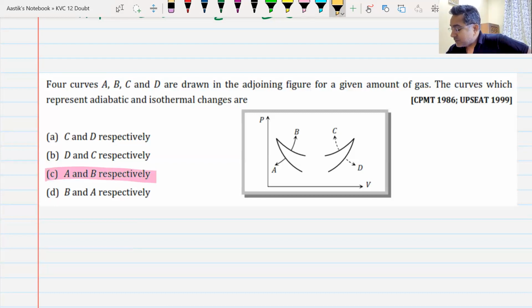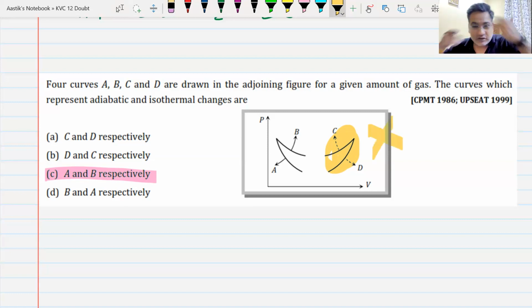Remember, these curves are not possible here when pressure is increasing, volume is increasing. They cannot be isothermal or adiabatic because these two curves have positive slopes. Both the isothermal and adiabatic have negative slope. When pressure increases, volume decreases. When pressure decreases, volume increases. Do we understand this?